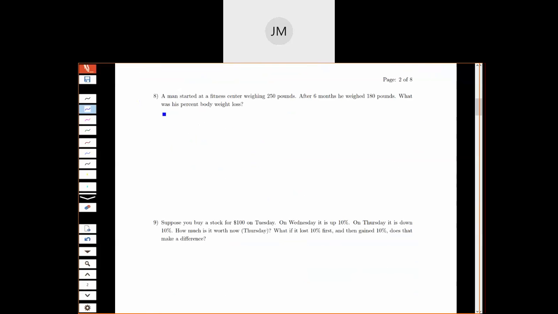So the amount of weight loss is the difference, 250 minus 180. That gives us 70. And now we want to find what percent of his 250 pounds is that 70-pound loss.